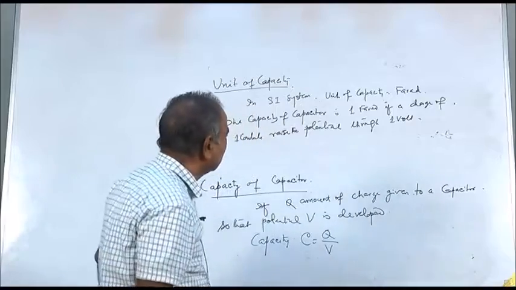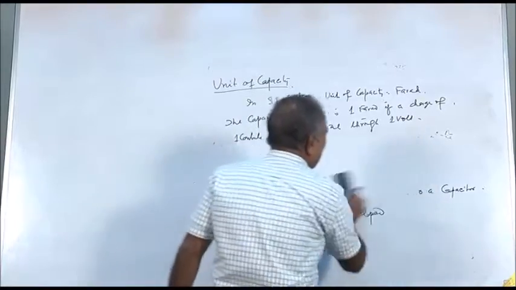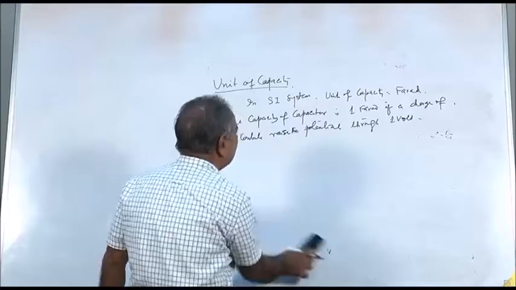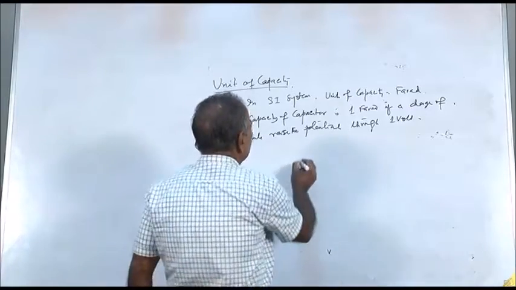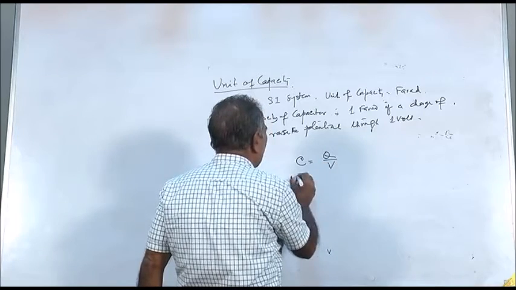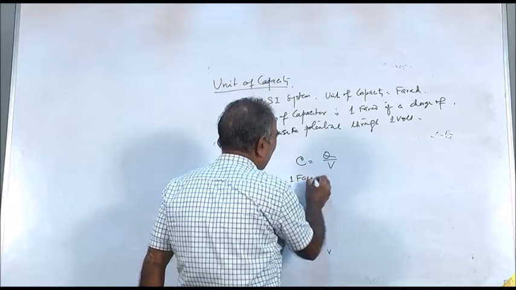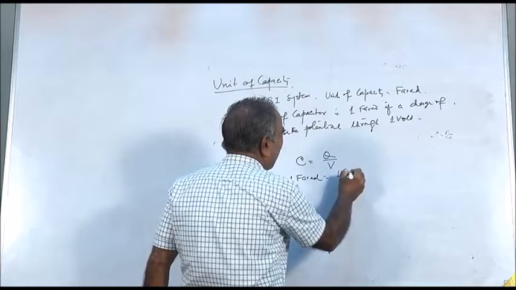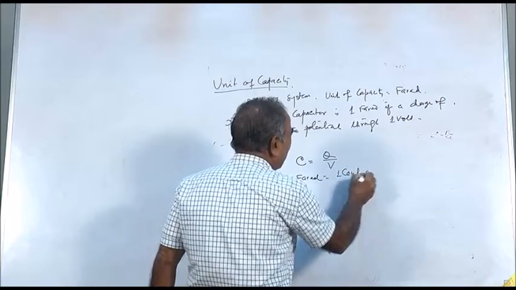That means C, which is equal to Q by V, that is 1 farad, is equal to 1 coulomb by 1 volt.